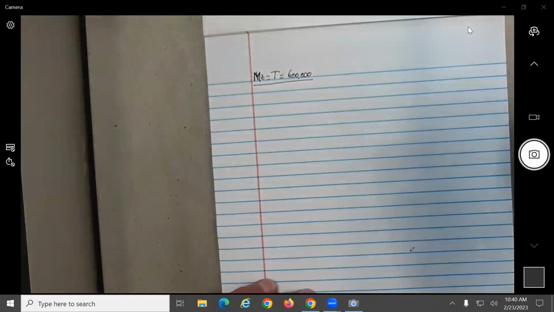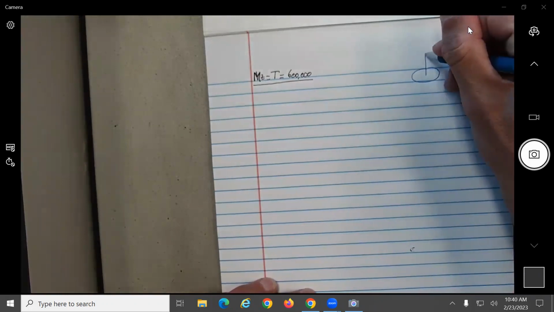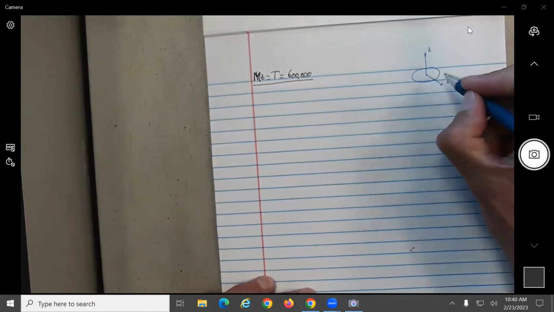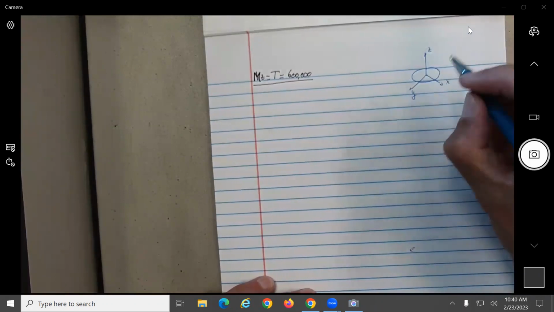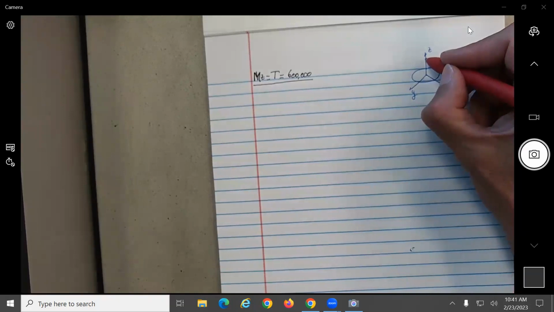Okay, so let's do the figure again. Z, X, Y. Again, we're going to use the internal since we did the calculation that way. MZ is negative 600,000. So that means it's going in what direction? Clockwise.